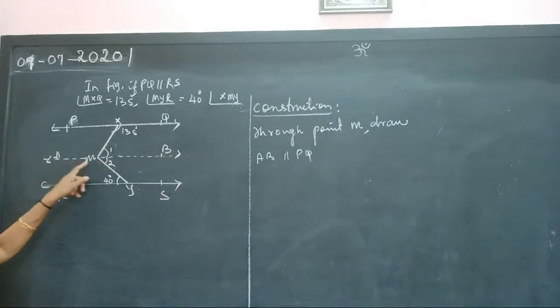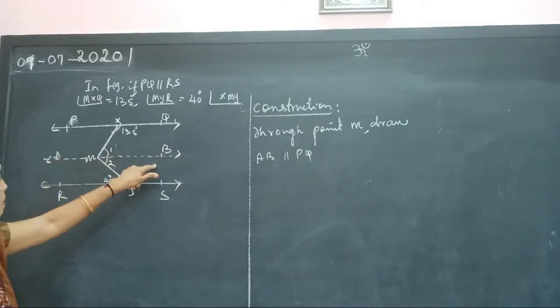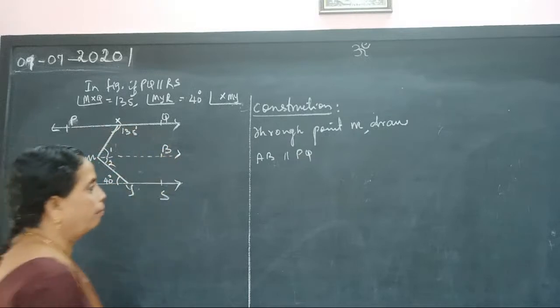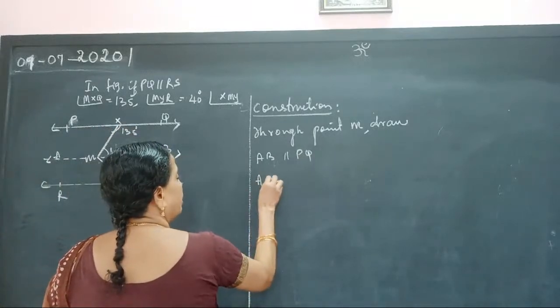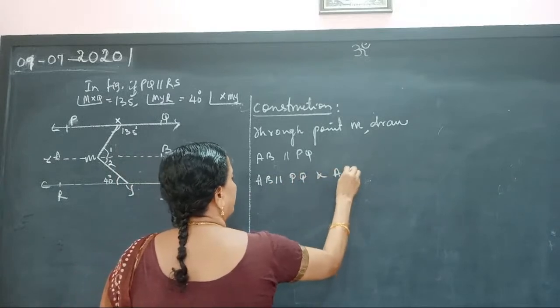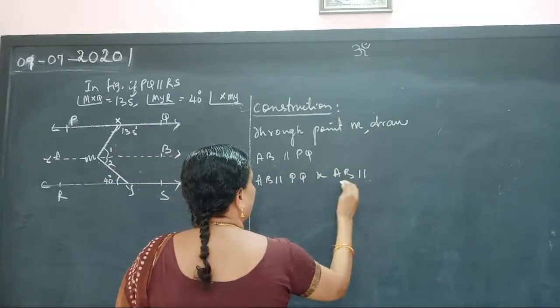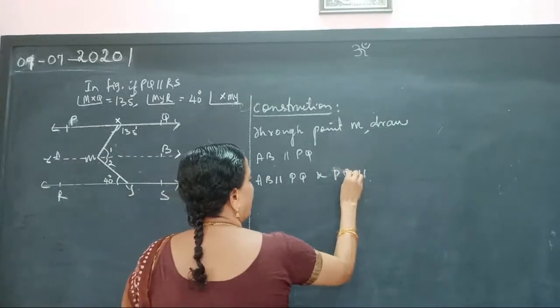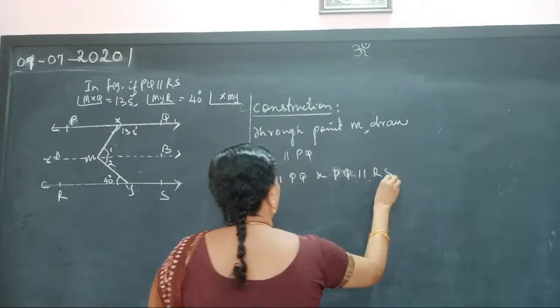So passing through the point M, draw AB parallel to PQ. AB parallel to PQ, and PQ parallel to RS.